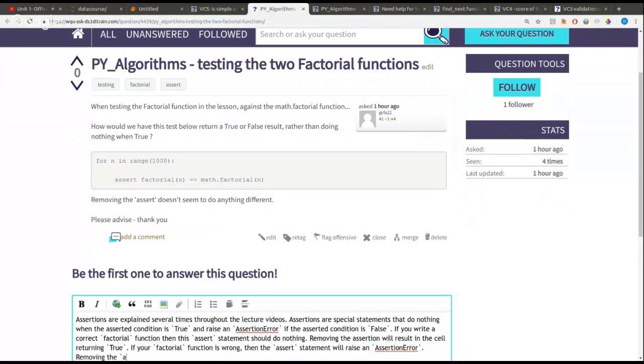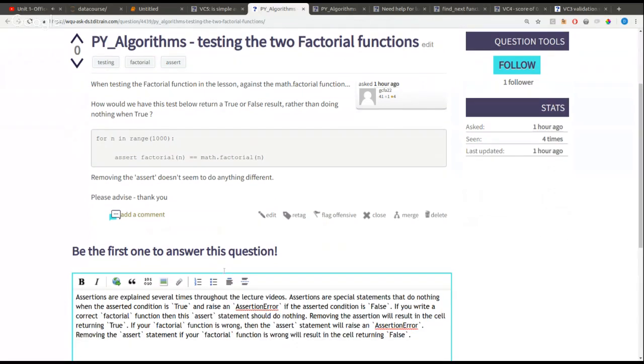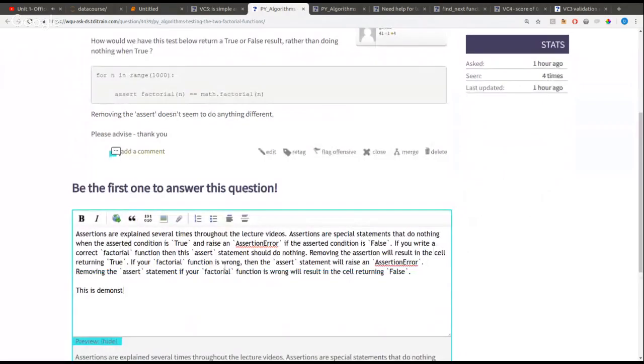Removing the assert statement, if your factorial function is wrong, will result in the cell returning False. This is demonstrated several times in the lecture videos.